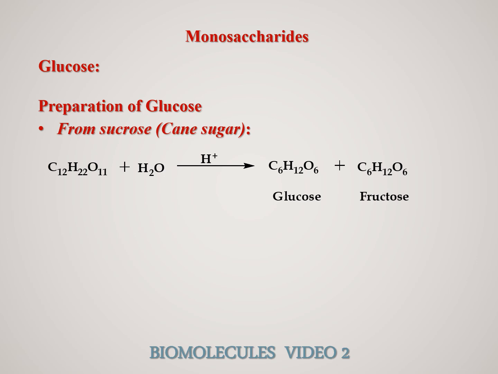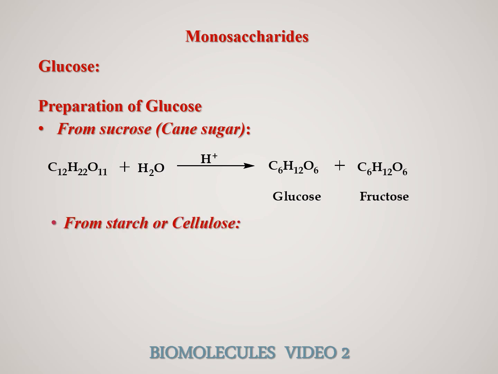When we are going to subject it to acid hydrolysis, that is, we are going to have breaking down of the molecule of our sucrose using acidic conditions, you are having glucose and fructose obtained. This is one of the methods to prepare glucose.